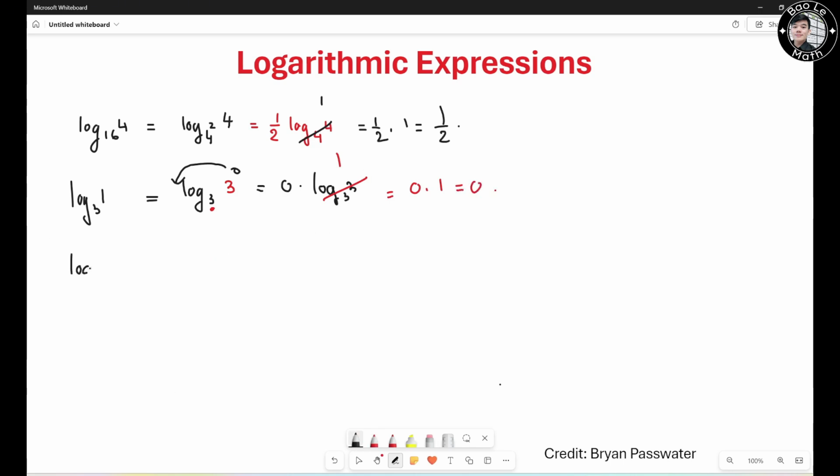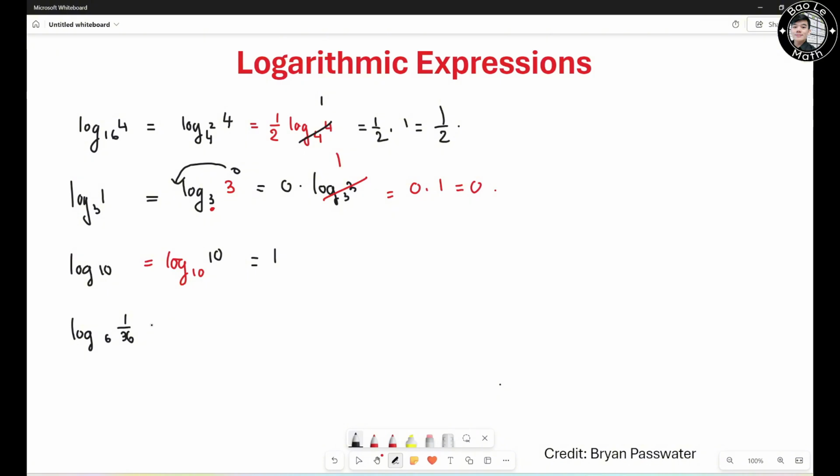Now, log 10. This one is the same thing as log base 10 of 10. Log base 10 of 10, the same thing, is equal to 1. Log base 6 of 1 over 36.